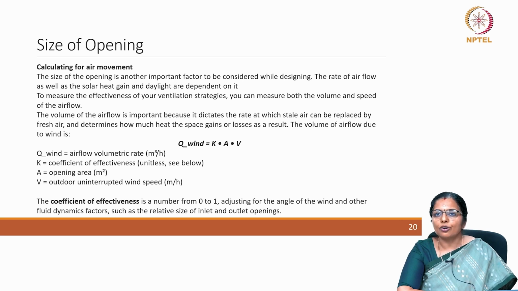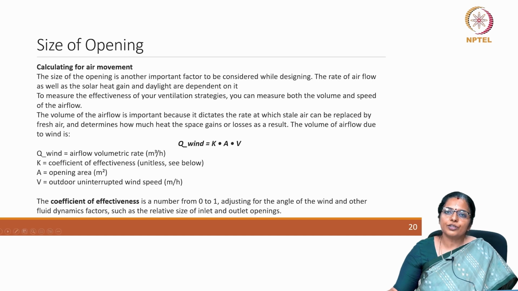The coefficient of effectiveness is a number from 0 to 1 adjusting for the angle of the wind and other fluid dynamic factors such as the relative size of inlet and outlet openings. These are standardized values which we normally adopt directly.